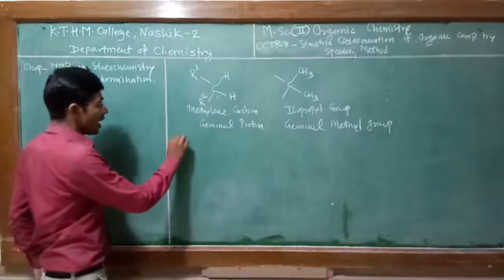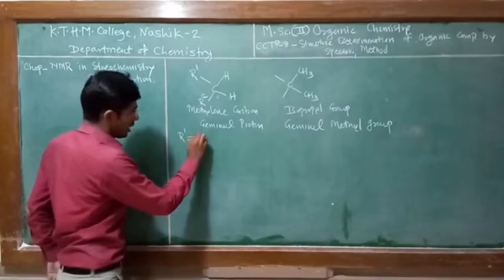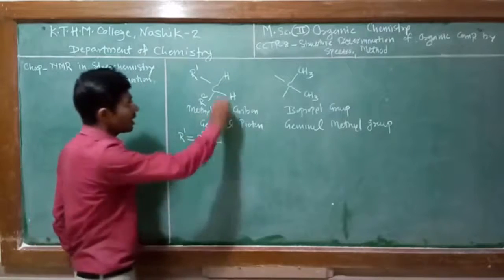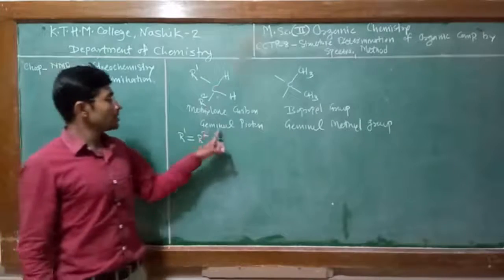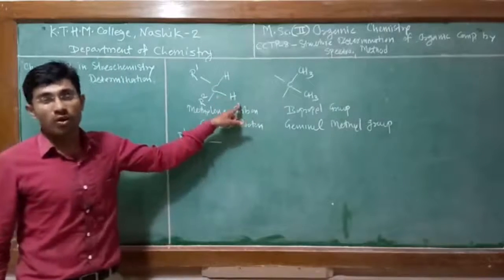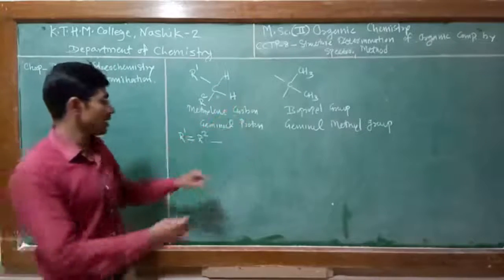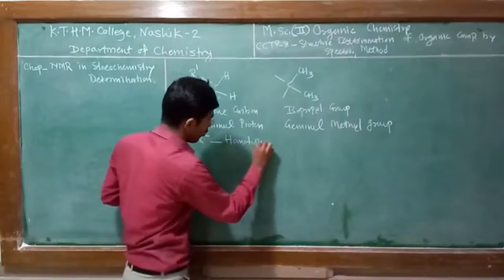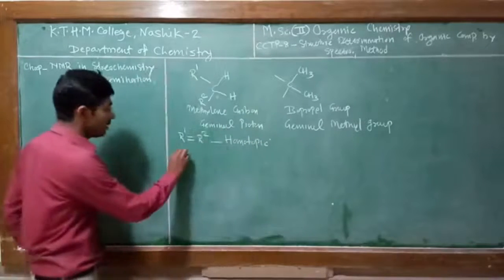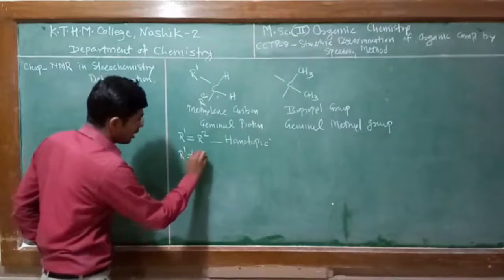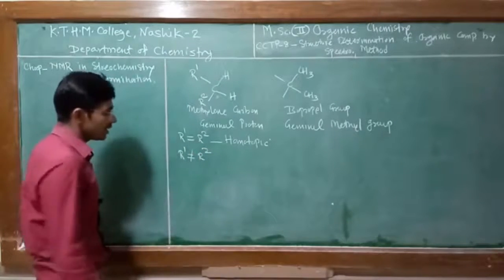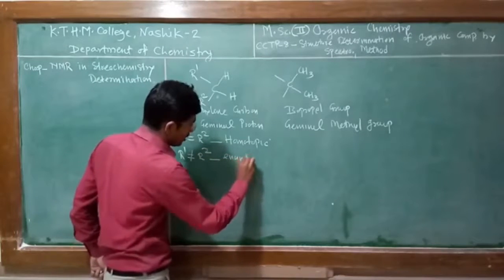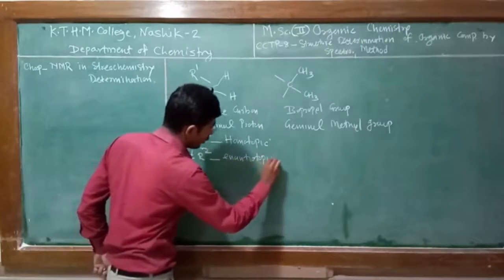When R1 and R2 are both the same, the geminal protons are called homotopic, meaning they are the same, identical. Secondly, when R1 and R2 are not equivalent, we say that they are anisotropic.